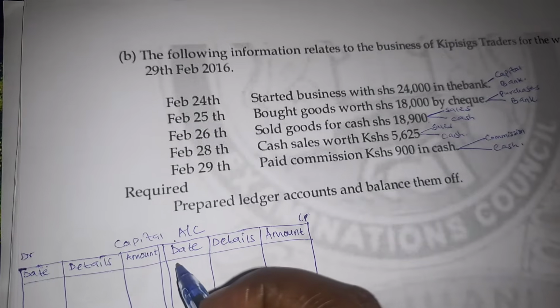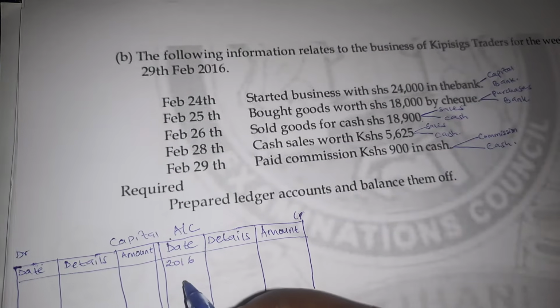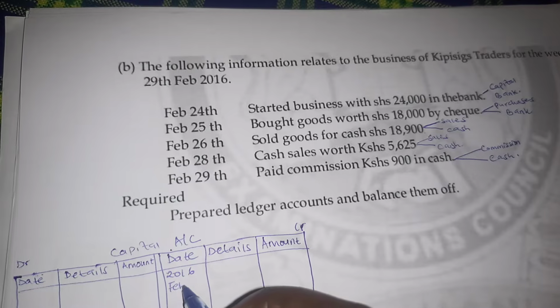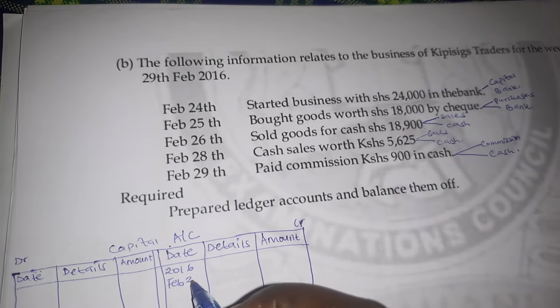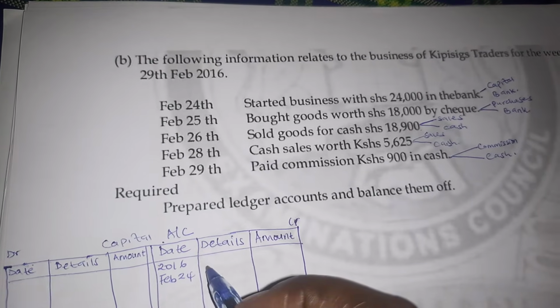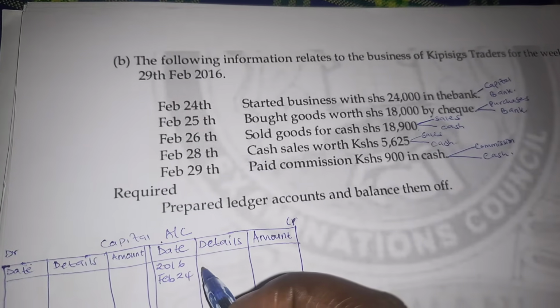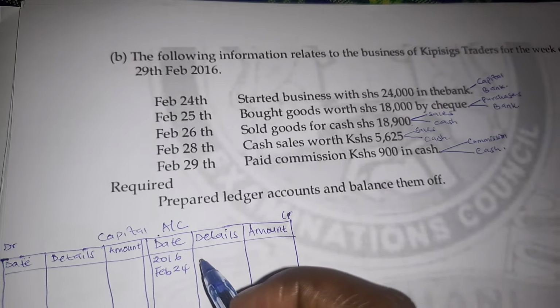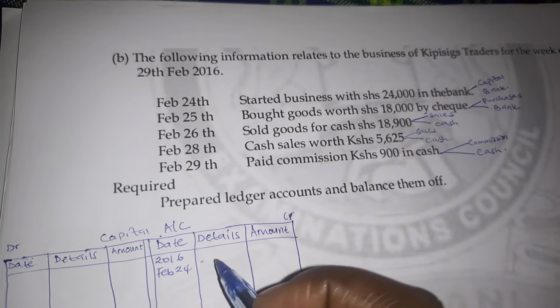The year is 2016 and it's in the month of February. 24th is the date. So where did this money come from, or where was it kept?